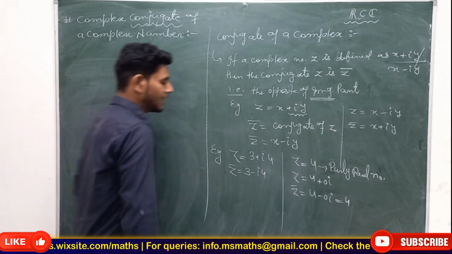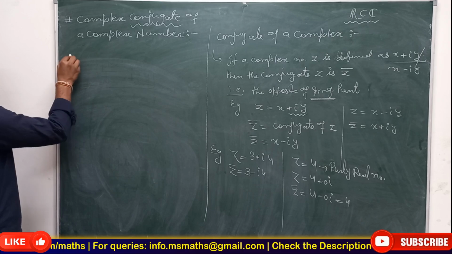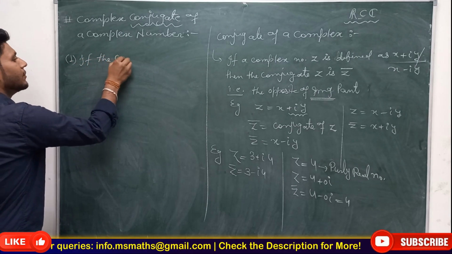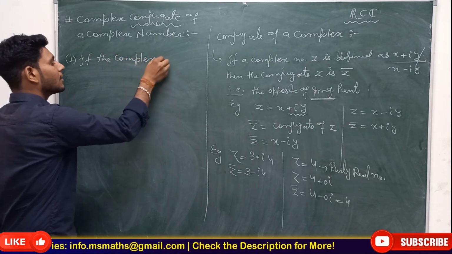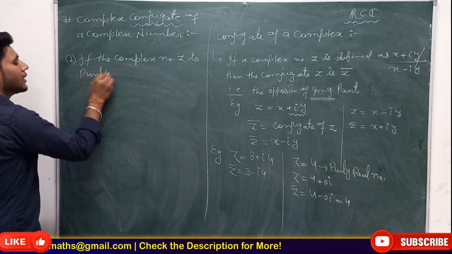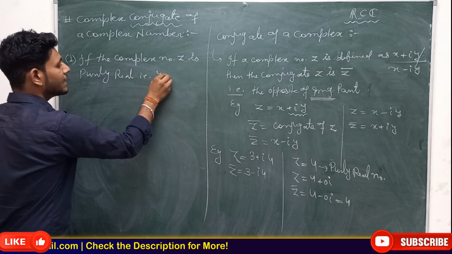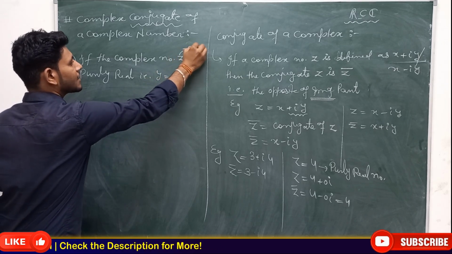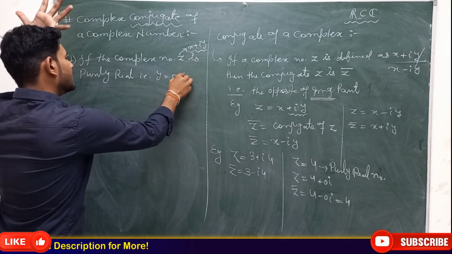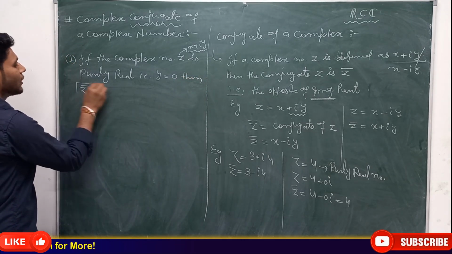So पहली property हमने यहाँ पर देखा है कि जब z आपका purely real होगा, so the first property is: if the complex number z is purely real, it means y is equal to 0. Purely real का मतलब क्या हो जाएगा? तो y is equal to 0 for this z, x plus iota y. So the z is equal to x, तब क्या होगा? z bar जो होगा वो z के equal हो जाएगा.